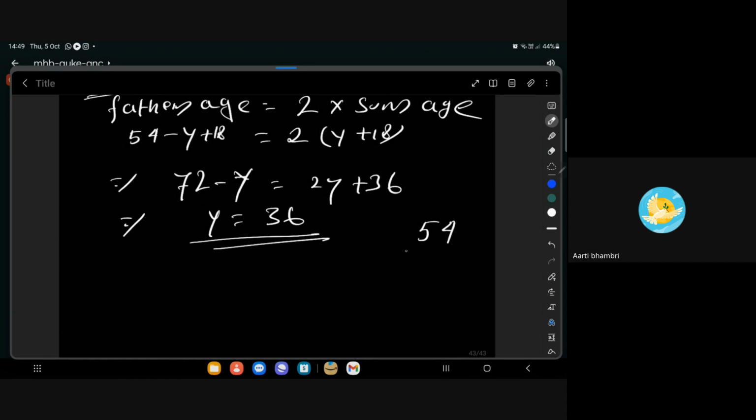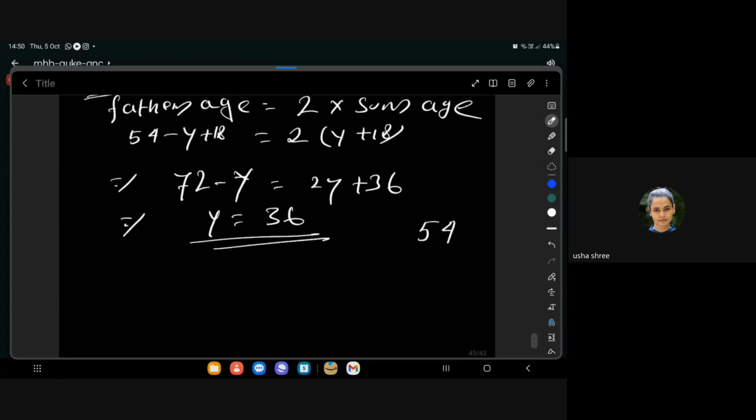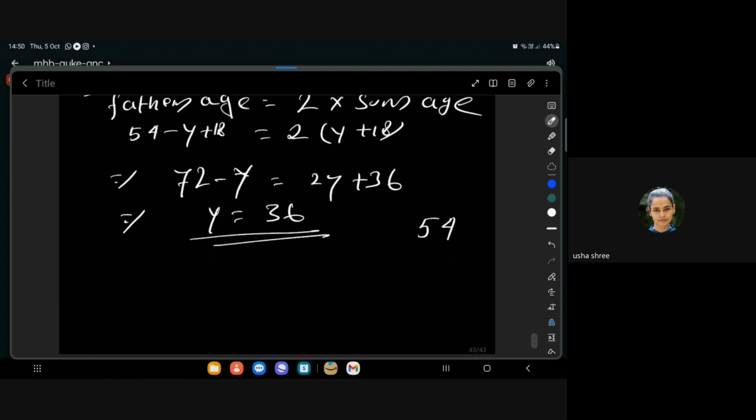Father's age will be double the son's. Right now, present age. Now after 18 years, son's age will be 36.